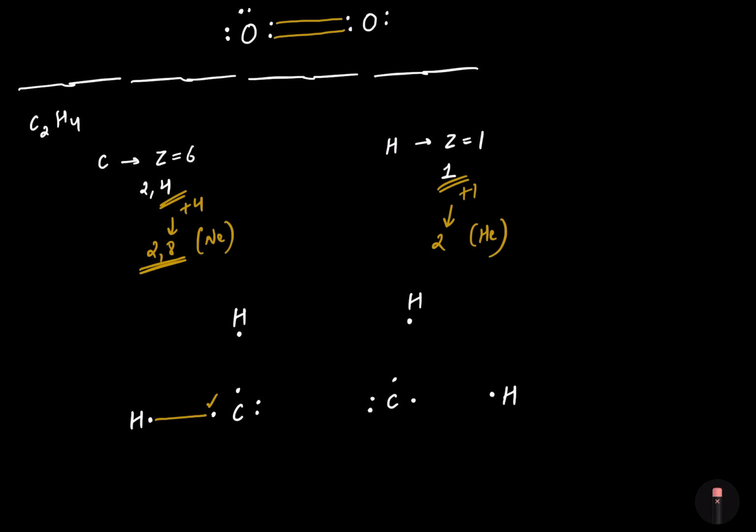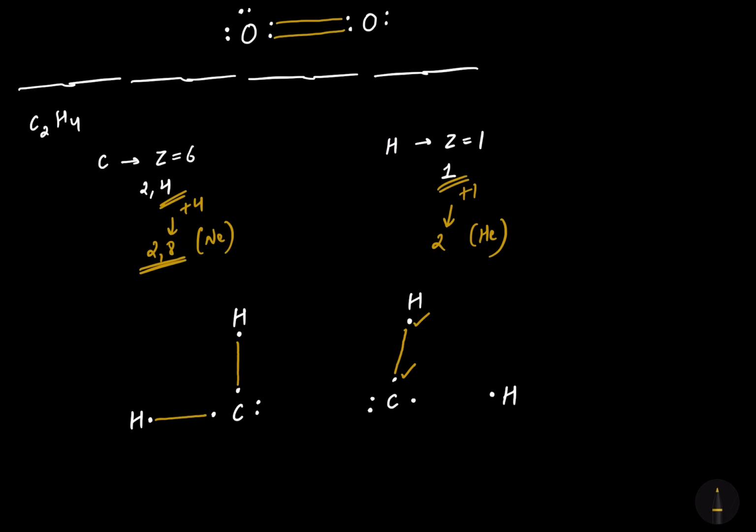Now let's talk about the second hydrogen. That's a covalent bond formation. So the second hydrogen has also achieved 2 electrons in its outermost shell, the first electron and the second electron. Now let's talk about the next hydrogens. The third hydrogen has also formed a single bond with carbon, and you can see that it has also achieved 2 electrons in its outermost shell.